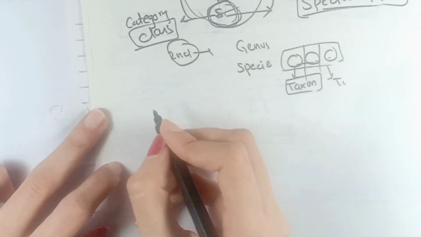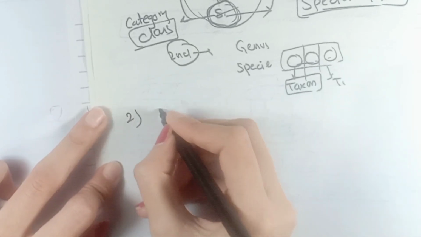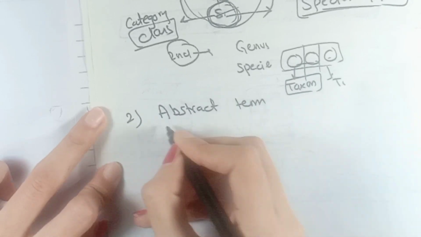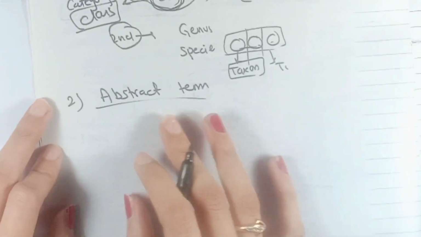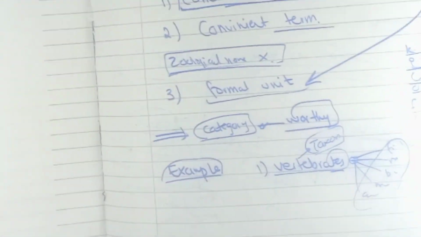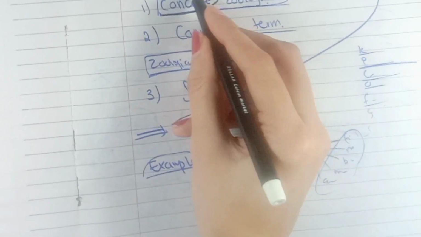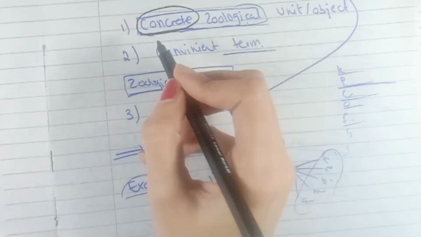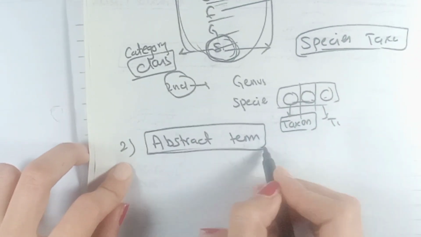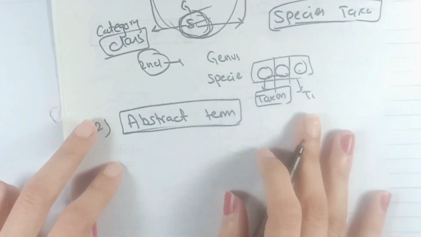Now if I talk about category, it is an abstract term, and I hope you guys know what an abstract noun is. And when we talked about taxon, we said that it is the concrete zoological object, or I told you about the concrete noun. So category is the abstract term, which means we cannot see it, it is not an object, it is just an abstract term.